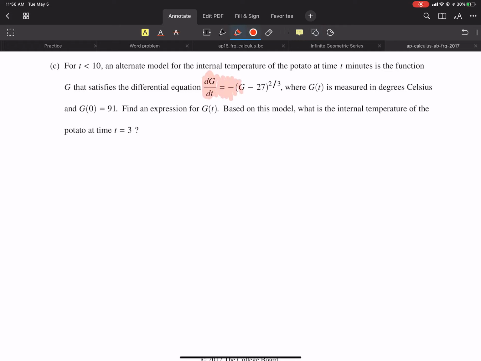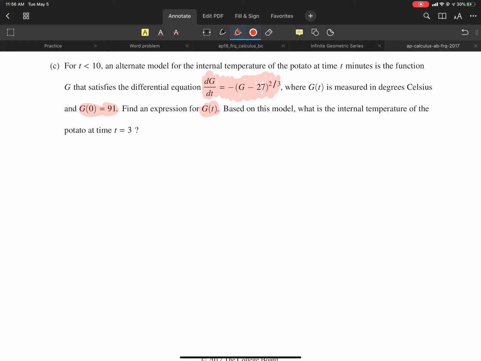This is their model. And the starting temperature is the same. Find an expression for G of t based on this model. What is the internal temperature at 3?